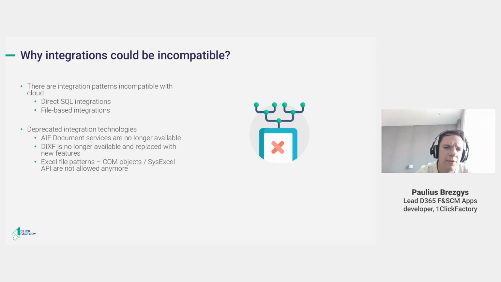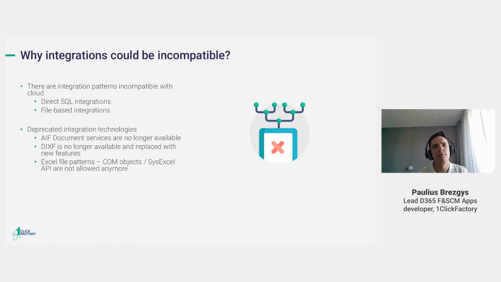Second piece of incompatible integrations is file-based integrations. So again, these are not compatible because they were probably reaching some file that was on-prem, and now that file cannot be in the cloud for some reason, so it had to be somewhere else, but generally the code is not compatible. So these are the cloud incompatible integrations.